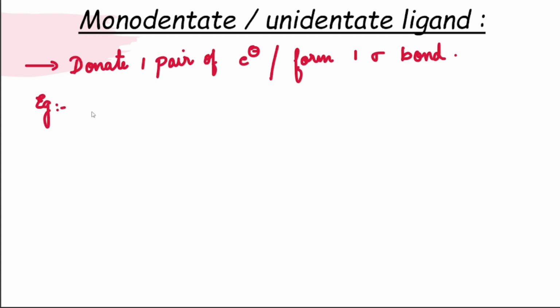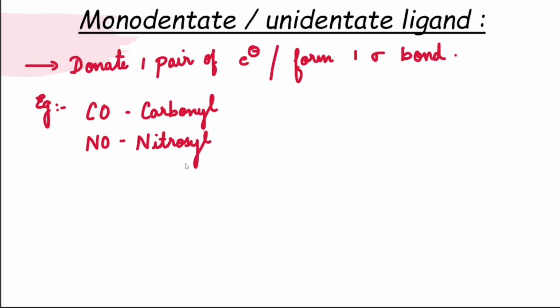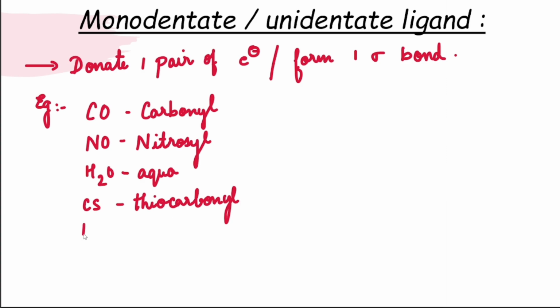The examples are CO, which is carbonyl; NO, nitrosyl; H2O, water, that is aqua; CS is thiocarbonyl; and NS is thionitrosyl.